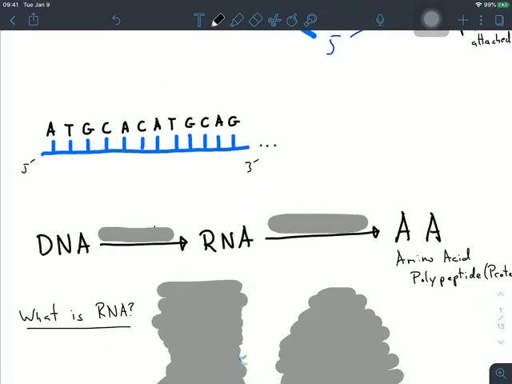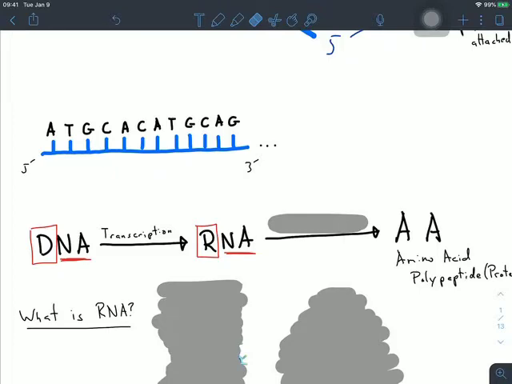The process of going from DNA to RNA, because we are staying in the language of NAs, nucleic acids, but we are changing the dialect from deoxyribose to ribose. That change of dialect is a transcription process, where we're not changing the language, but we are changing some of the words.